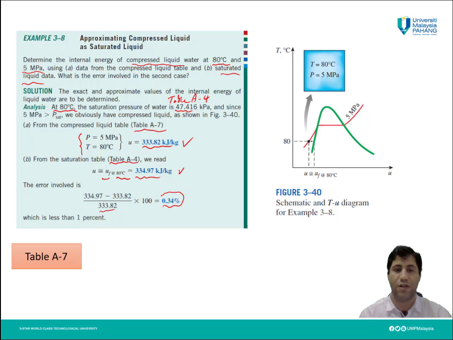And you can see here the error which we have here is 0.34%, which is less than 1% error, which seems to be an acceptable method to find the properties of the substance, or water here, in the compressed liquid area.